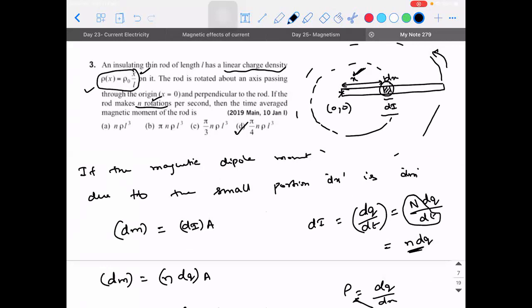Is it clear? Did you guys understand what are all the steps to be followed? So wherever a function is getting involved, you definitely need to consider a small current carrying element and then proceed. Guys, yes or no? Yes, sir. Sir, can you show the last step?